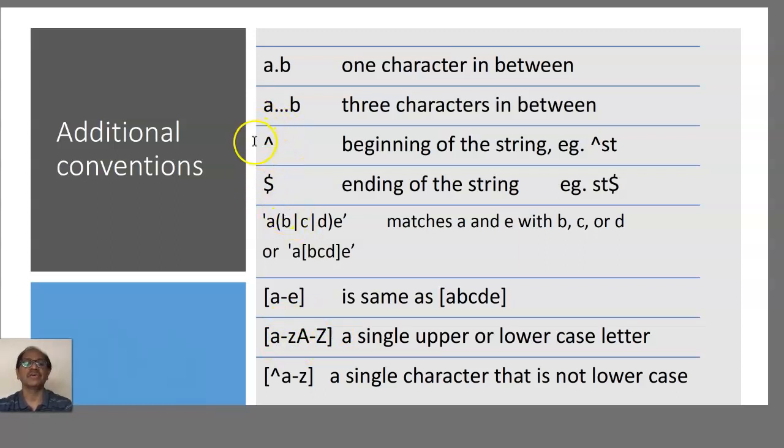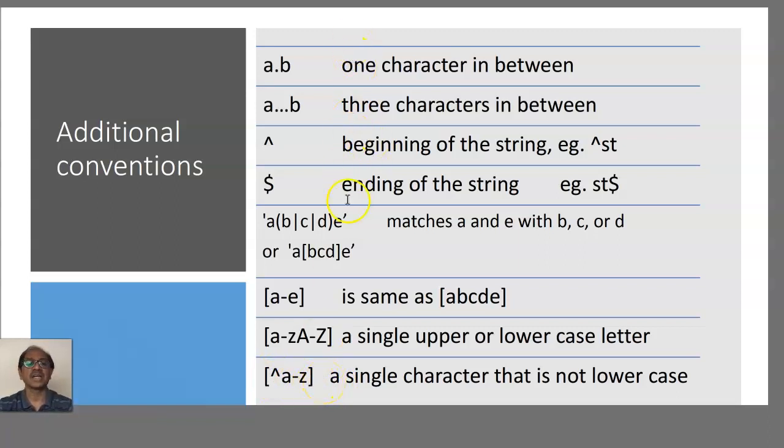We have another use of the caret. We used caret for the beginning, but look at this. Caret here is used for not, basically. So caret a to z shows that it is not a lowercase letter, right? As it matches only capital letters. That means it doesn't match any single character which is in lowercase. That's what this means.